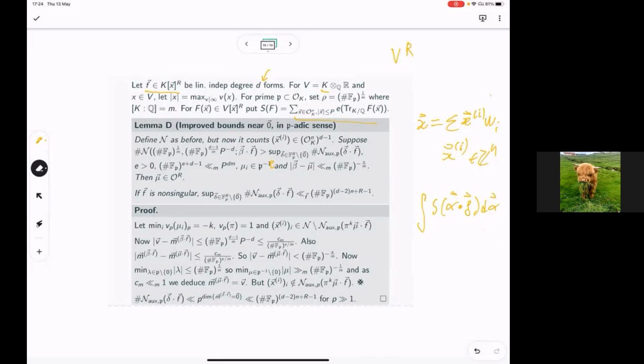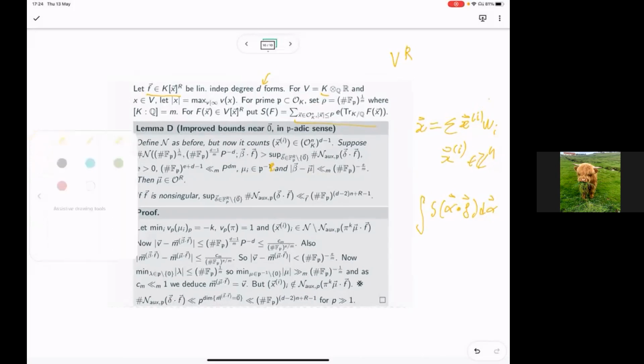Right, yes, that's right. Yes, so that should have been a p to the minus e.